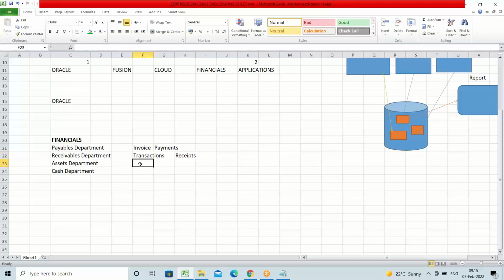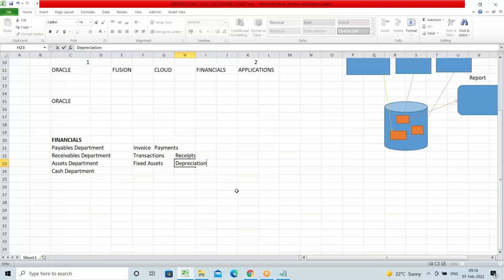And as a department, ideally the asset department maintains the fixed assets. Fixed assets means land, building, vehicles, computers, whatever we use to run our business. They record all this as fixed assets. Based on the usage, they calculate the depreciation. Say you purchased one car, that is your fixed asset.